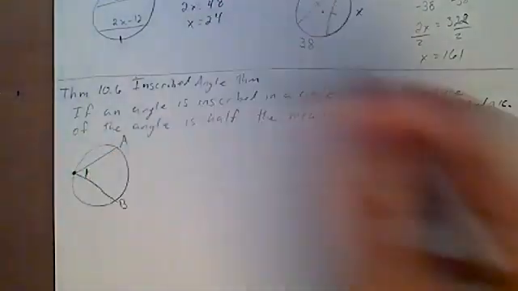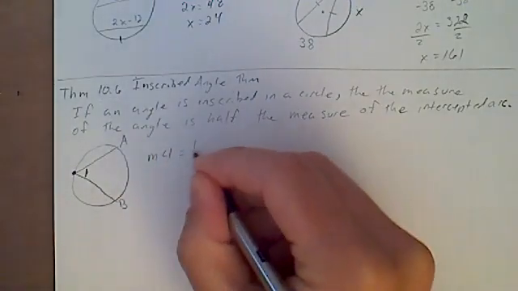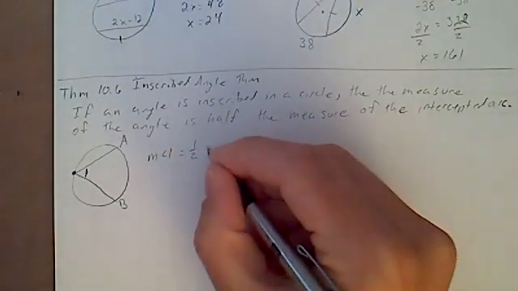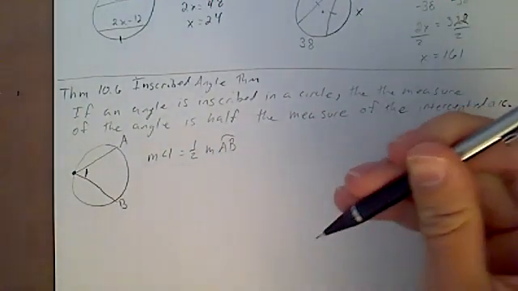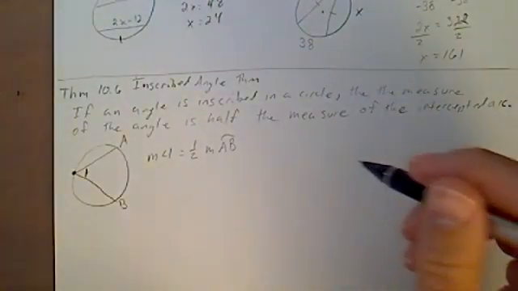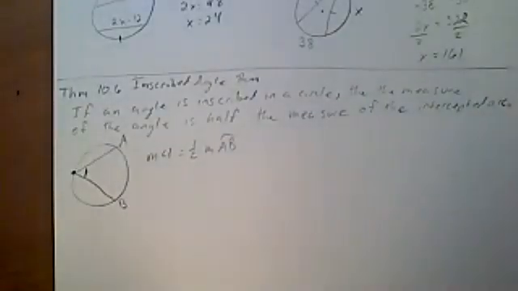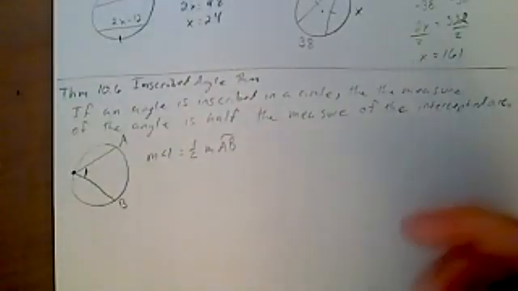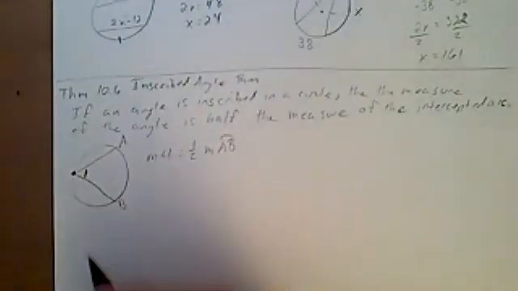What this is saying is that the measure of angle 1 is 1/2 the measure of arc AB. All right. So basically all of this section is going to be either multiplying or dividing by 2, depending if we're going for the angle or the arc.